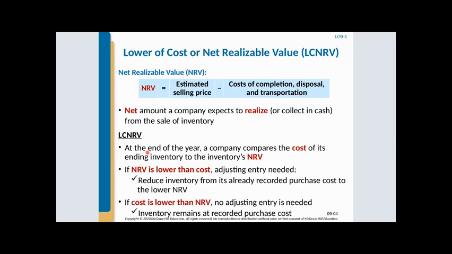So we're going to compare net realizable value and cost. If the net realizable value is lower than cost, then we are going to have to write down the cost of our inventory to match the net realizable value. If cost is lower than net realizable value, then we don't need to make any adjustments. We're good, okay?